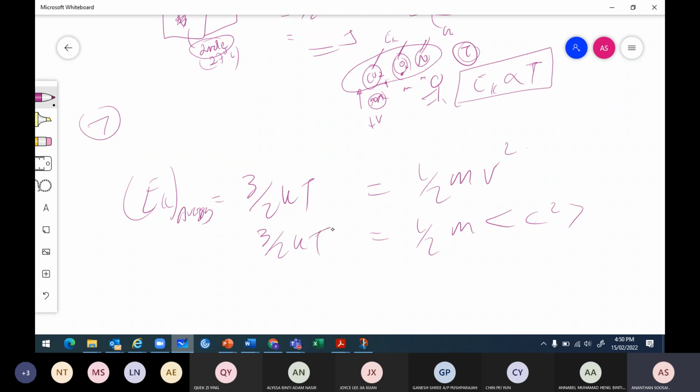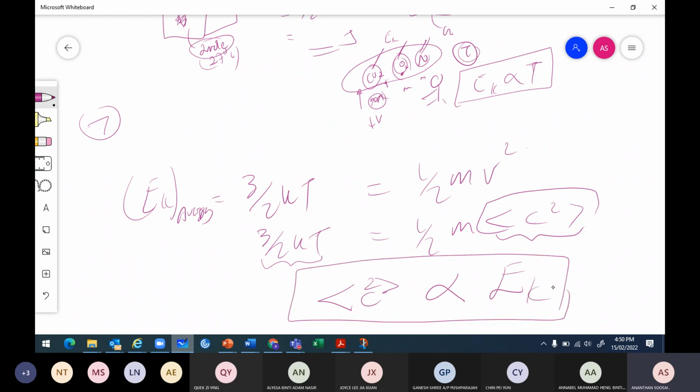So as I said, if you know the kinetic energy, you can work out the mean square speed of the particle. Remember, the mean square speed is directly proportional to the kinetic energy of the particle. Which speed is proportional to the kinetic energy?